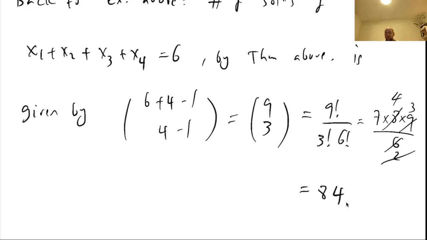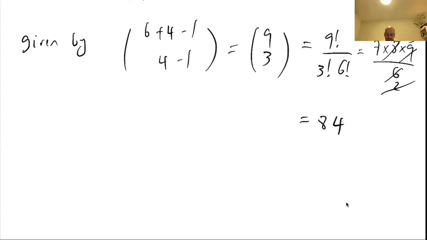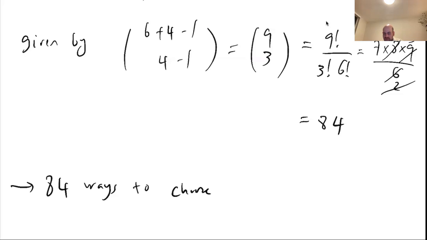So we'll have 84 ways to choose six fruits of 4 types. Okay, so in total we have 84 options to choose our 6 fruits.